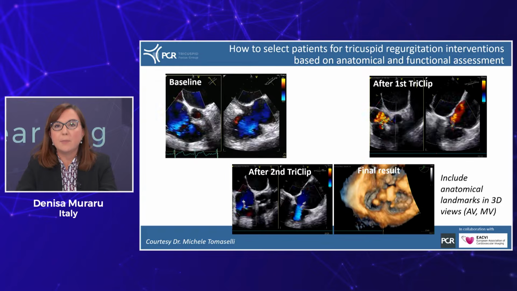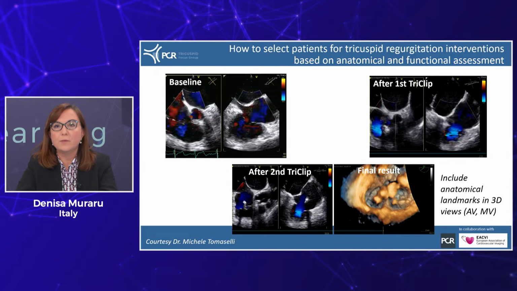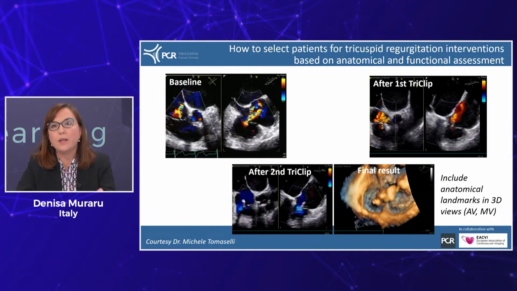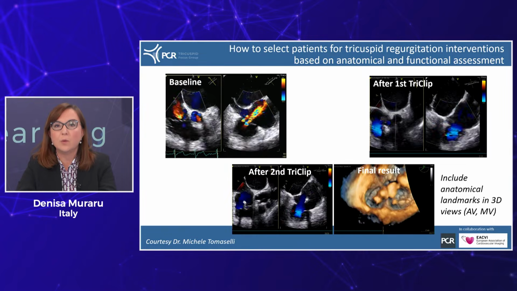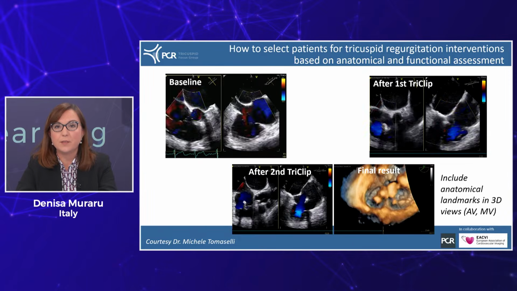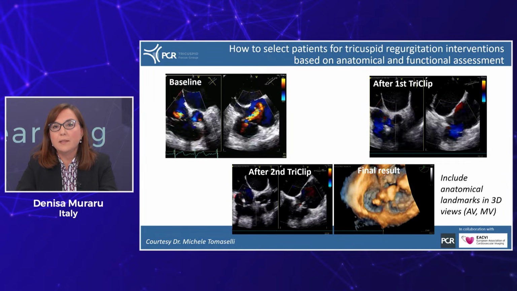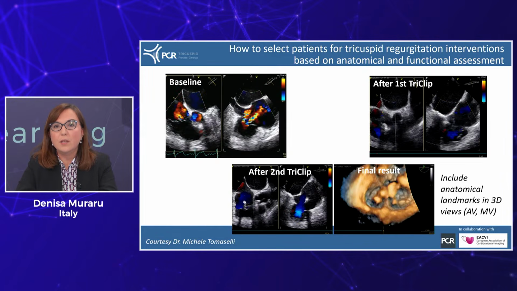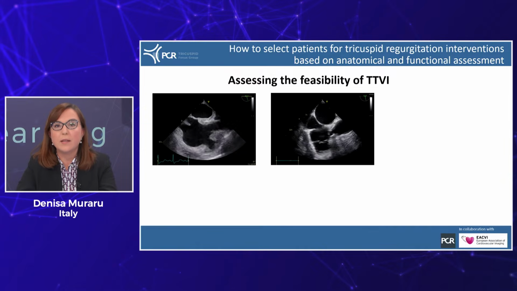This is an example that this biplane view is really important also to assess pre and post clip and to evaluate the entity of the regurgitation after clipping. Keep in mind that if you use 3D, you should also include anatomical landmarks.